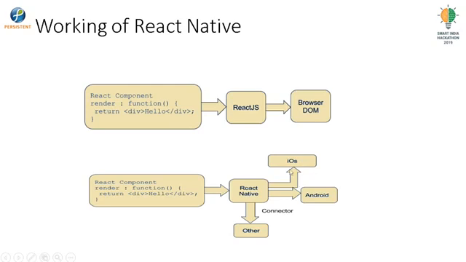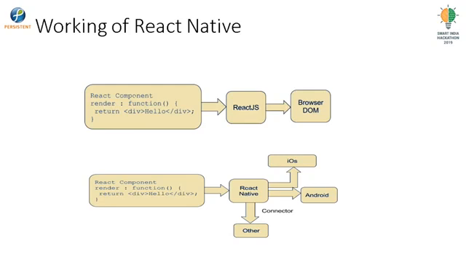So how is it possible to invoke the respective Objective-C APIs or Java APIs? This is possible because of the connector. The connector provides React with an interface into the host platform's native UI elements.